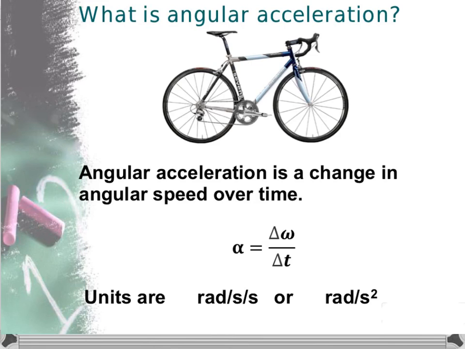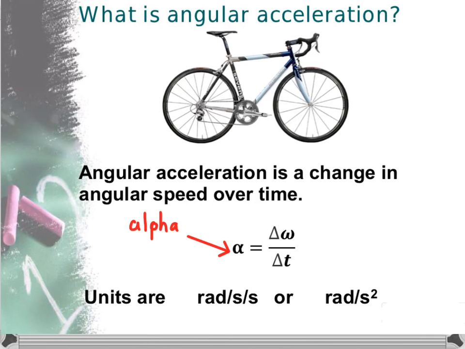The formula for angular acceleration is delta omega, the change in angular speed, over the change in time. The variable we use for angular acceleration is not the letter A. It looks like an A, but it is actually the Greek version of the letter A, which is called alpha.